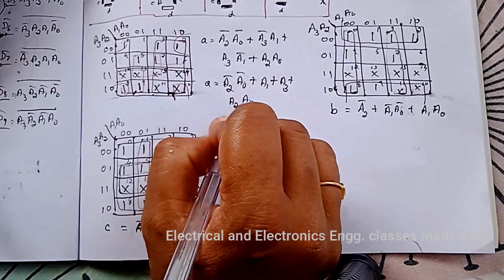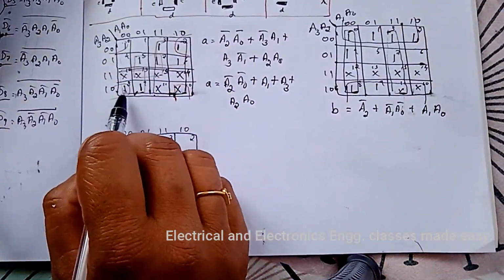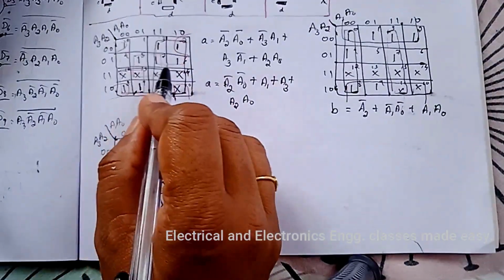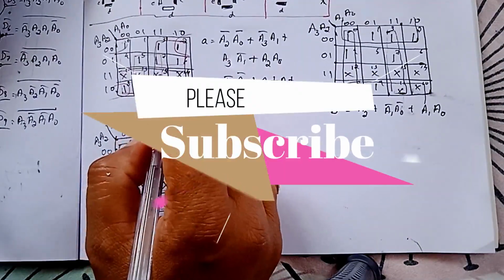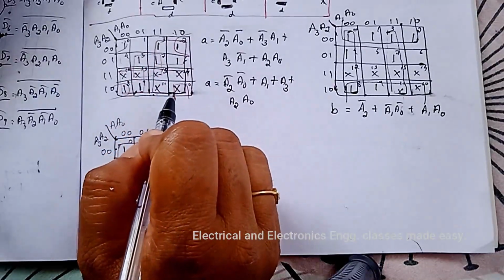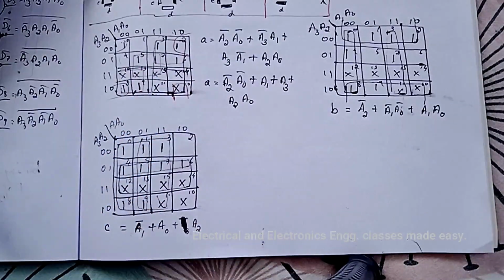So this is the minimization for the segment A, that is more numbers of don't cares we can include and make larger squares to minimize each segment.